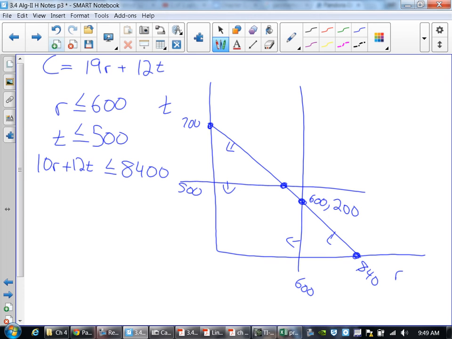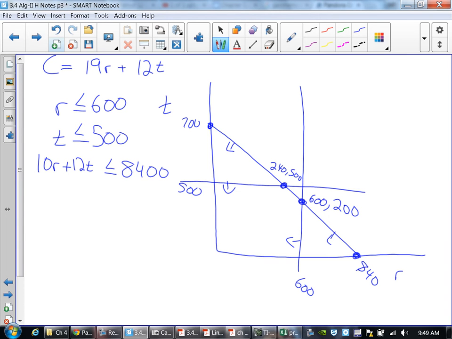The other one's at 500. 500 times 12 is 6,000. So the other one is 240, right? Yeah. Okay, 240 and 500. Spacing isn't all that great, but whatever.